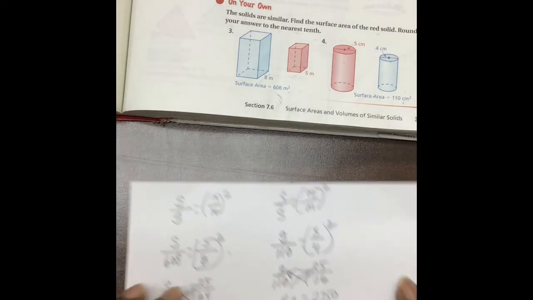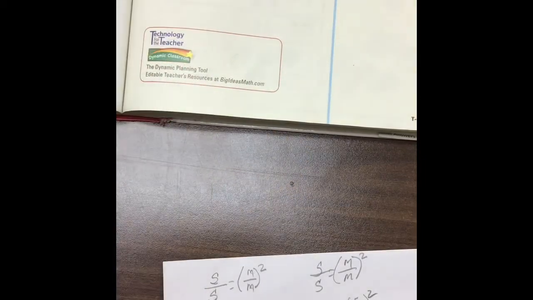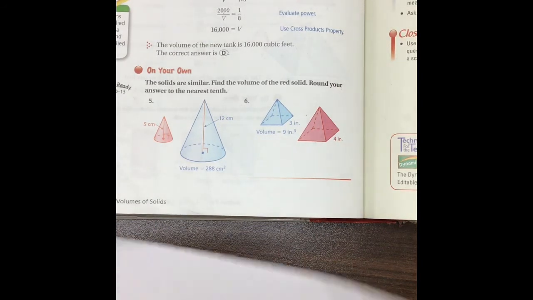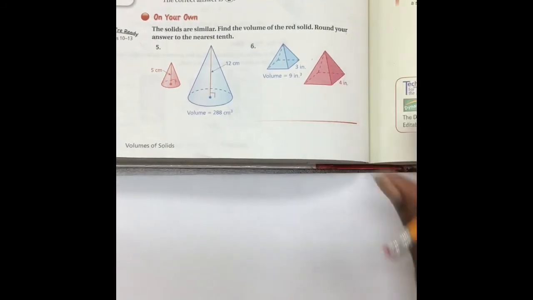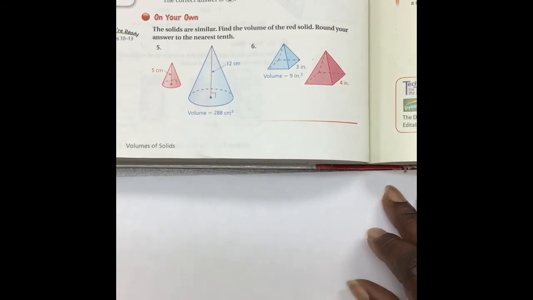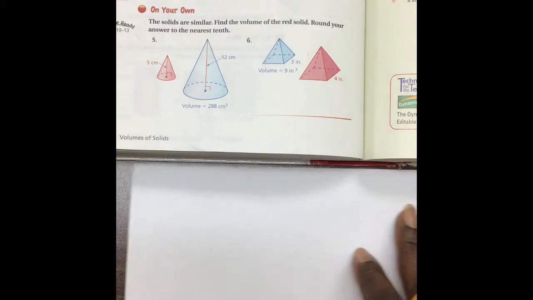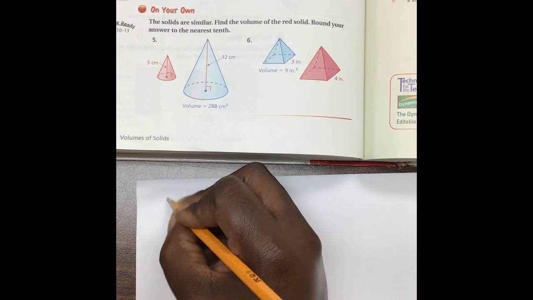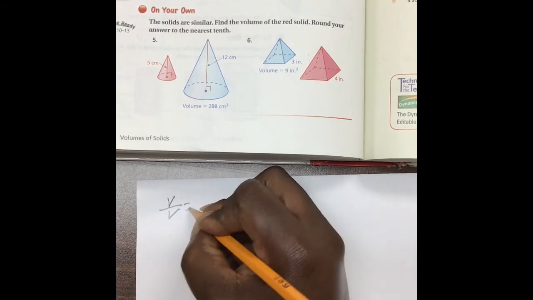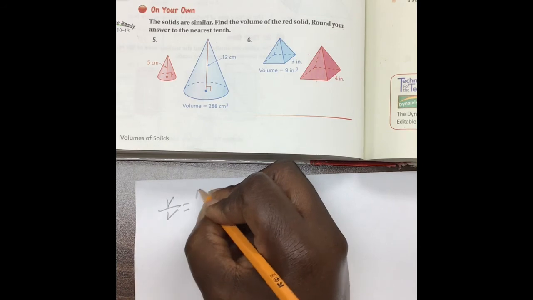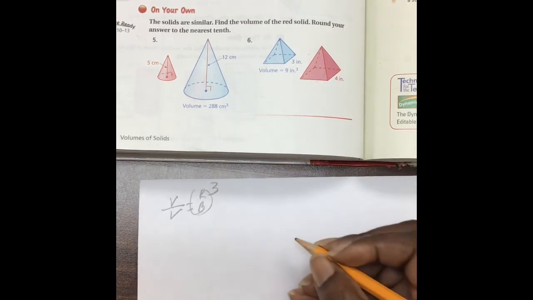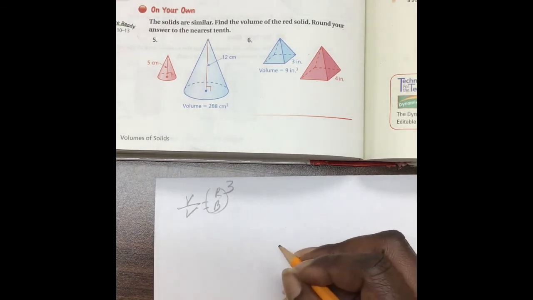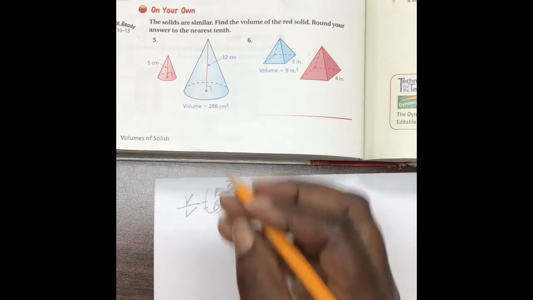So now, number 5, the solids are similar. Find the volume of the red solid, round your answer. So here we have the volume to volume over whatever the measurement is, red to blue, and we cube it. In this case, it doesn't matter if it's on top or bottom. Red, we don't have the volume, so we put V here.